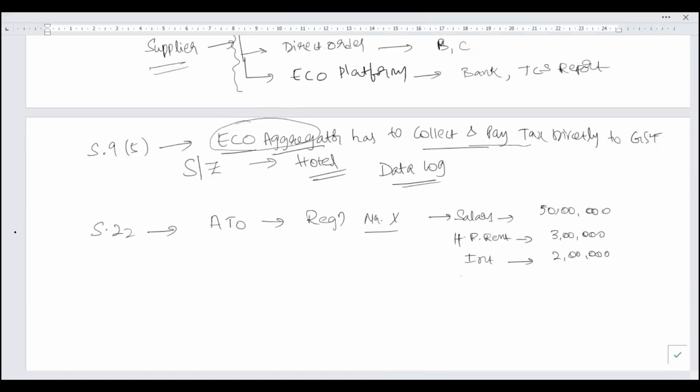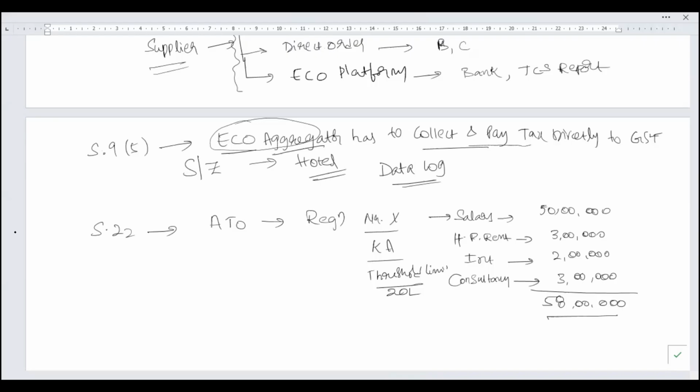Then some consultancy, say another 3 lakh. Put together, 58 lakh. Assuming this gentleman happens to be in Karnataka. Now, for Karnataka, the threshold limit is 20 lakh. So the question comes here, sir, because the total income is 58 lakh, should he register?